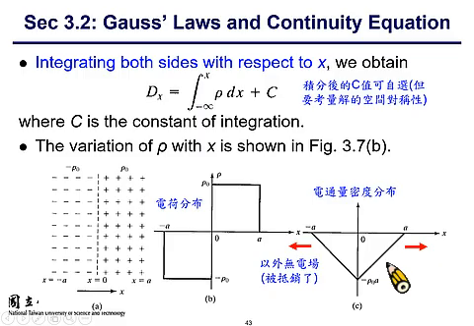As you move further to the right, the Dx value approaches 0 again. If you move to a position greater than a, the Dx value becomes 0 again. Does that make sense to you?